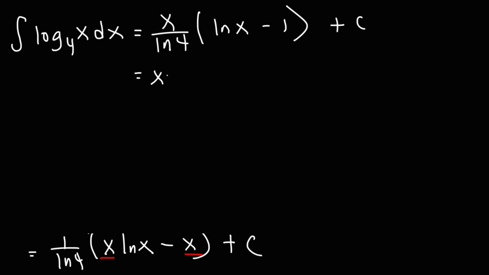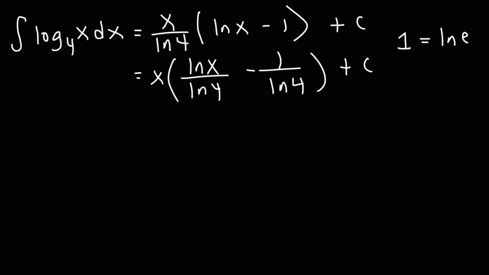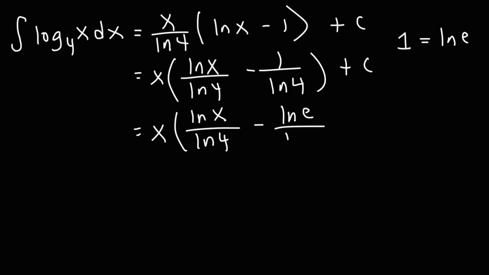So this is x, and then ln x over ln 4 minus 1 over ln 4. Now, 1 is equal to the natural log of e. So I'm going to replace 1 with ln e. So I have x, ln x over ln 4 minus ln e over ln 4 plus c.